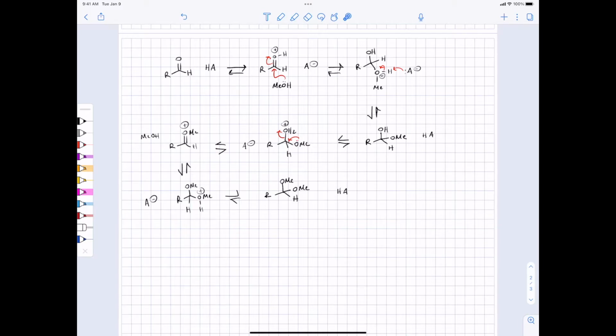For example, let's suppose that this equilibrium here is fast. And then let's suppose that attack of the nucleophile methanol on this intermediate is the rate determining step.